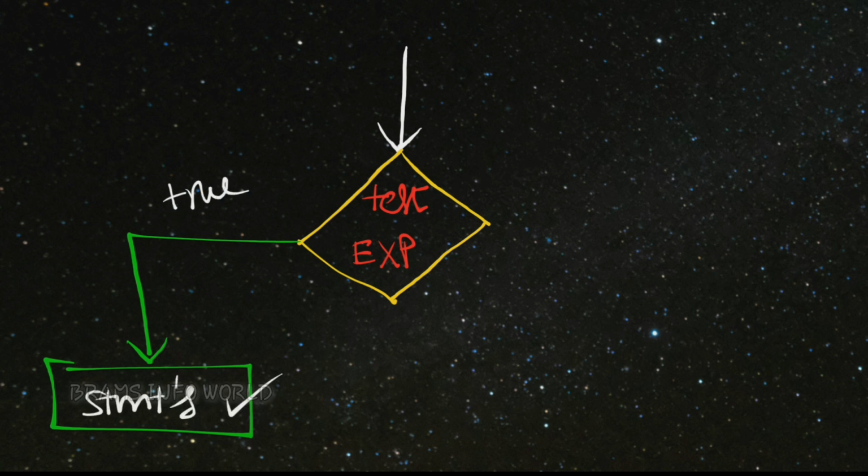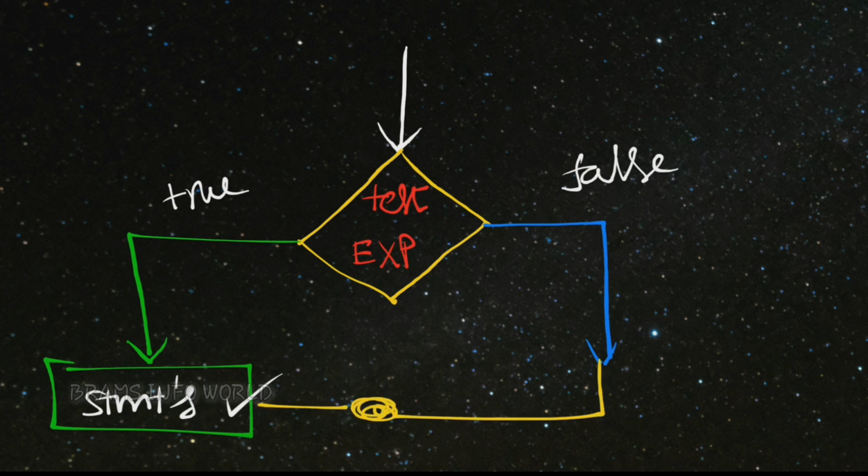Whenever it is false, there is no action, and ultimately these two paths come to the next statement. So this is the way we define the test expression in the simple if.